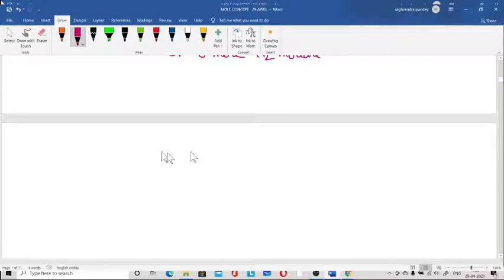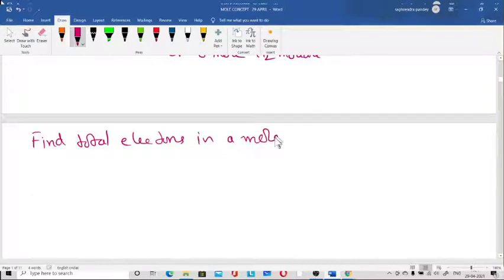Let's go forward. Here, what is happening? Sometimes they ask you to find total electrons in a molecule. This is a very basic question. Now how to see that?